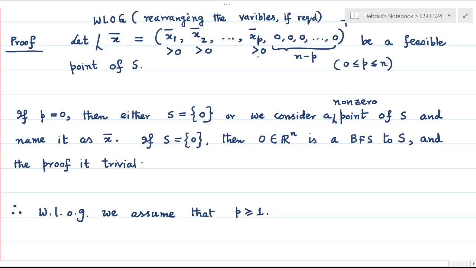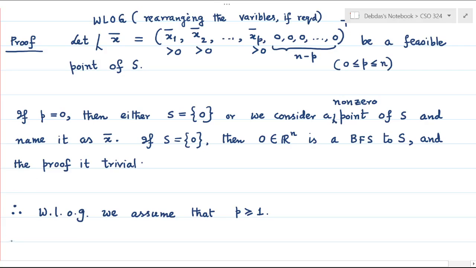If linearly independent, then obviously the point x bar is a basic feasible solution. And if not linearly independent, that is linearly dependent, in that case it is not a basic feasible solution. Then how can we reduce this feasible solution to a basic feasible solution? That we have to endeavor.